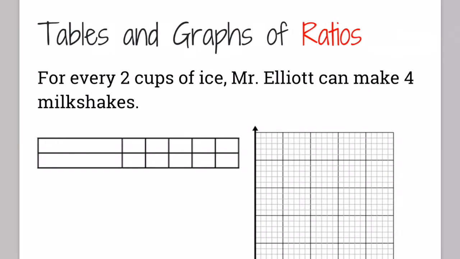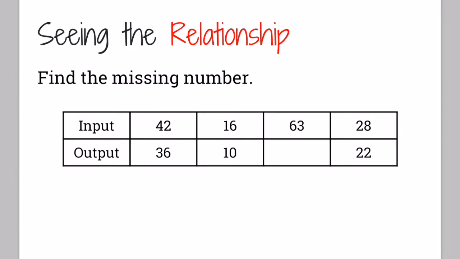All right, so let's also take a look at where we're just going to see the relationship. This is just a table that's got a missing number, and I've got to be able to do something to fill that in. What I want to focus on in this problem is the input and the output.